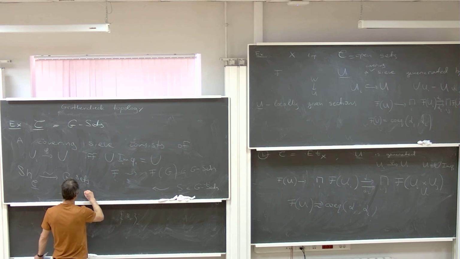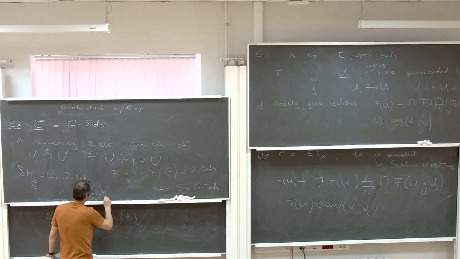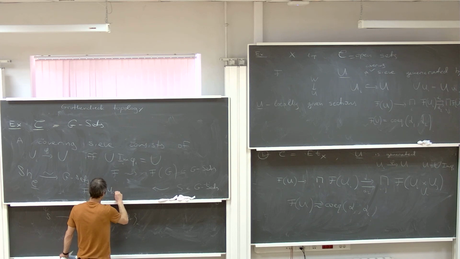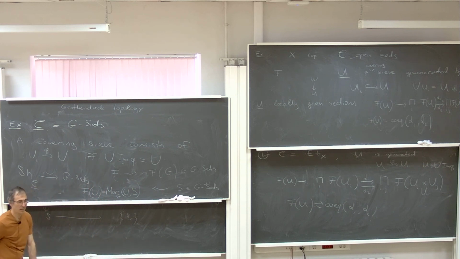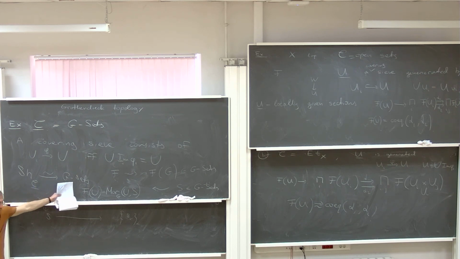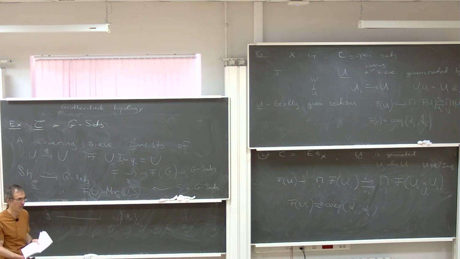You can construct F by declaring that F of U is equal to morphisms in the category of G sets from U to S. So one has to check that this indeed satisfies the sheaf axiom, and this is an equivalence of categories.